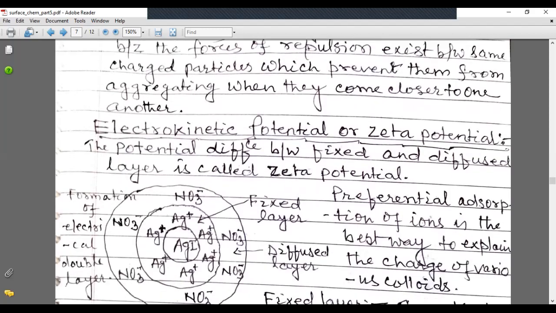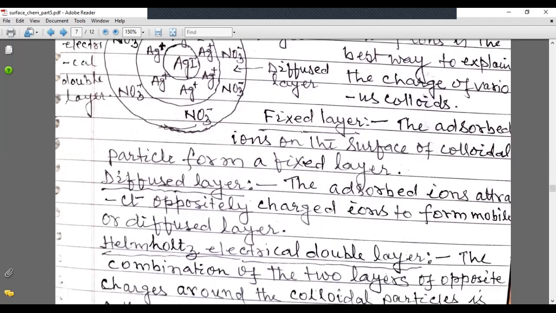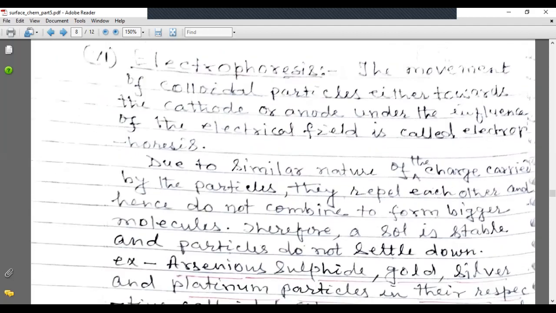Now the next topic is electrophoresis. The movement of colloidal particles either towards the cathode or anode under the influence of an electrical field is called electrophoresis.